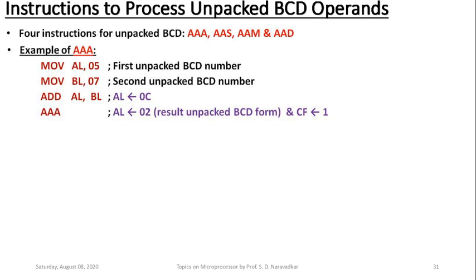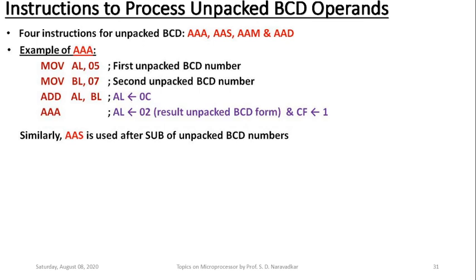Just like here, AAA, ASCII adjust accumulator after addition. So here the fourth instruction in this example is AAA, where the contents of the AL register will become 02 and the carry flag will be set to 1. That way the result is adjusted to its corresponding unpacked BCD format. So this is about the AAA instruction.